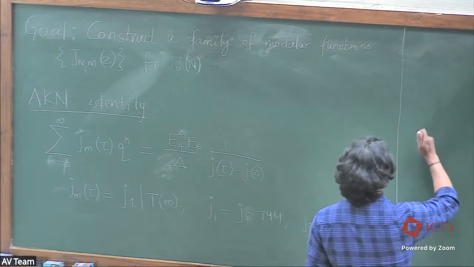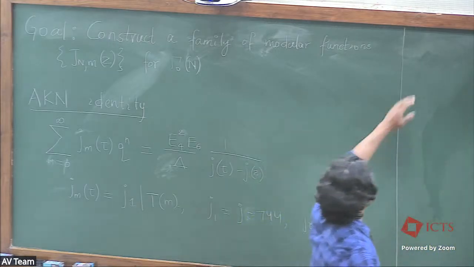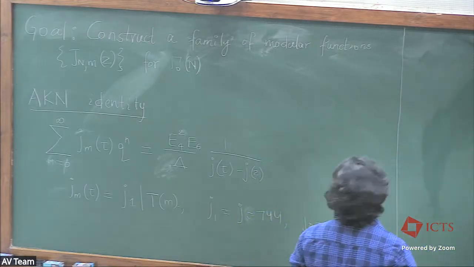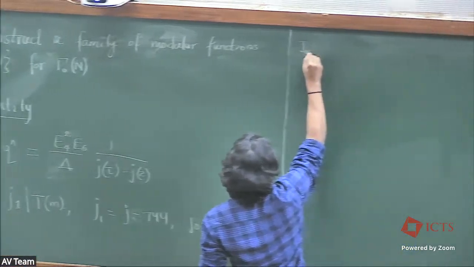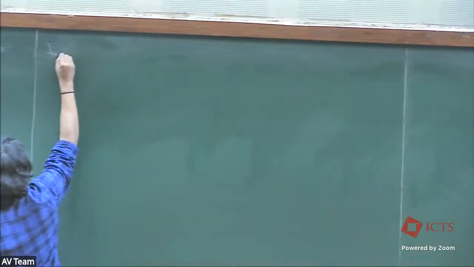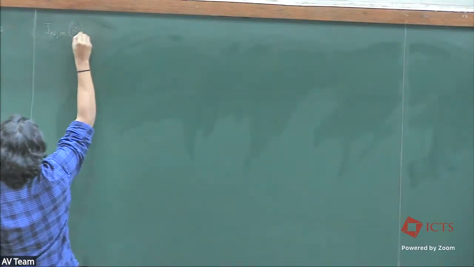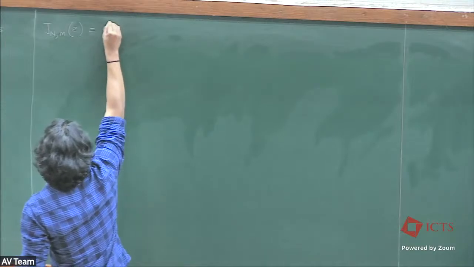Before that, maybe I can write down the general formula. This is what we will prove. J_{N,m}(z) are harmonic Maass forms of weight 0 for gamma naught N. So these have an expansion of this form.